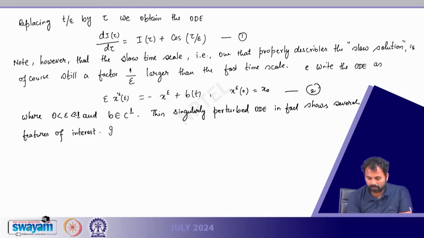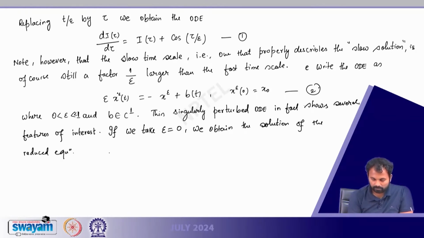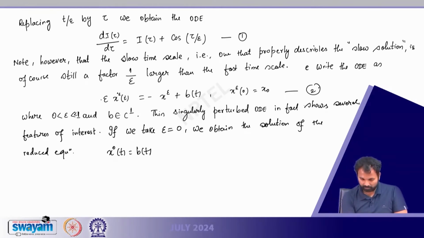If we take epsilon equals to 0, we obtain the solution of the reduced equation, x0 of t equals b of t, right? Because if you substitute epsilon equals to 0, this first order term will vanish, and therefore you bring x epsilon to the left hand side and we get this. So this is our equation number 3.